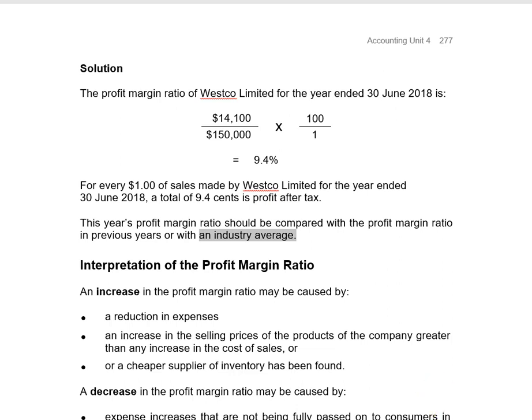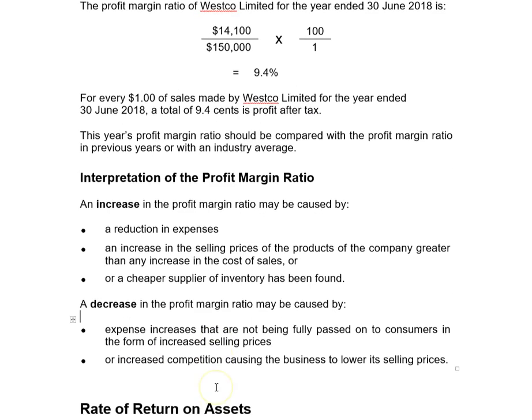It may be caused by a reduction in expenses. When you manage to control expenses very well, then you will have more profit after tax, which means a higher profit margin ratio. An increase in selling price which is greater than the increase in the cost of sales. This also means that the total revenue would be higher, which reflects in your profit after tax. Or you can manage to find a cheaper supplier of inventory, which results in a higher profit after tax.